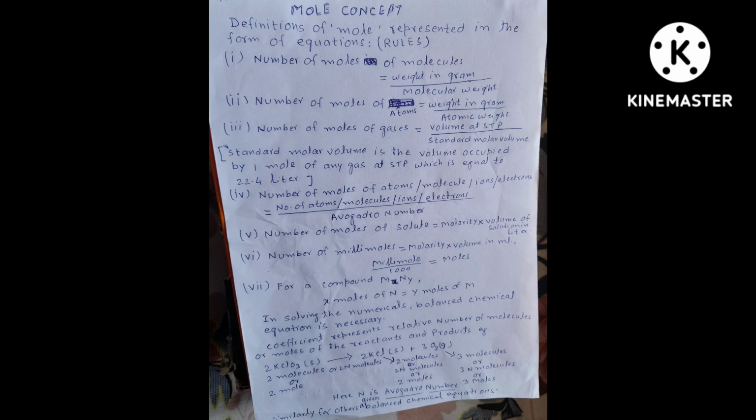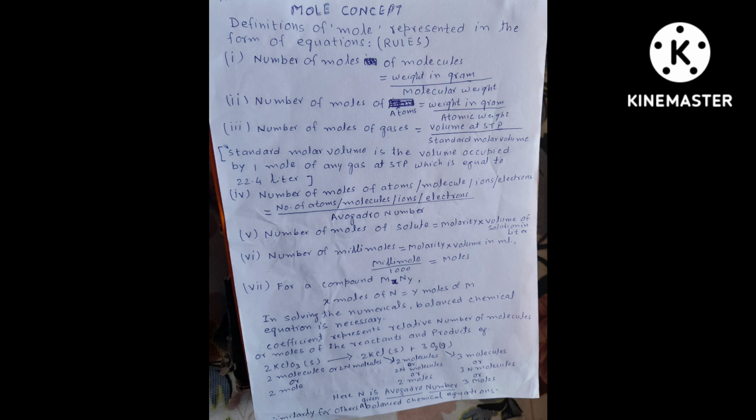Now I have given the example of water, H2O. In this H2O, what is the percentage of oxygen? The same way, you can write that in 18 gram water, 16 gram oxygen is there. H2O, 2 plus 16, 18, and 16 gram oxygen.